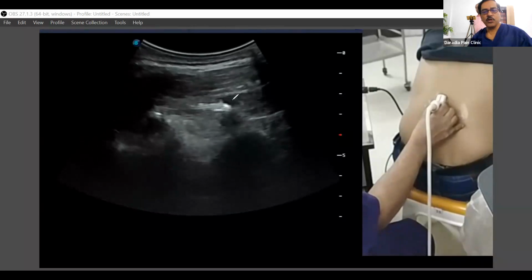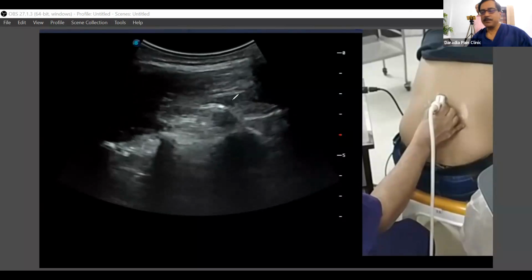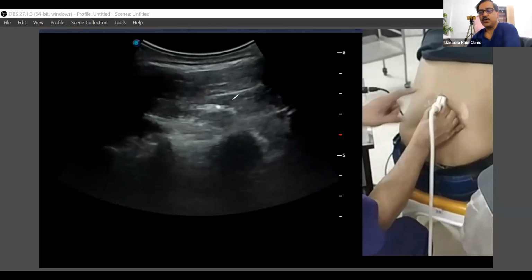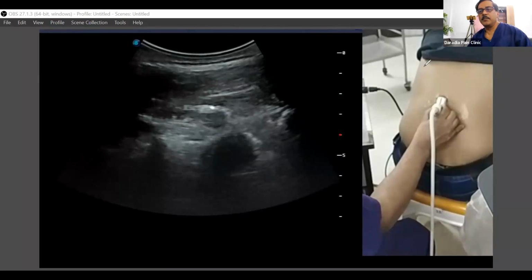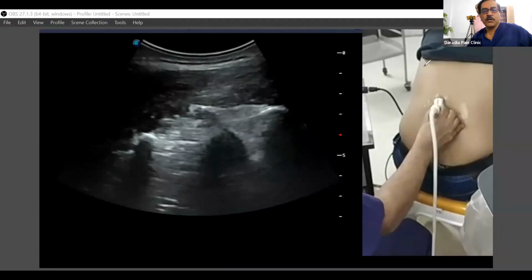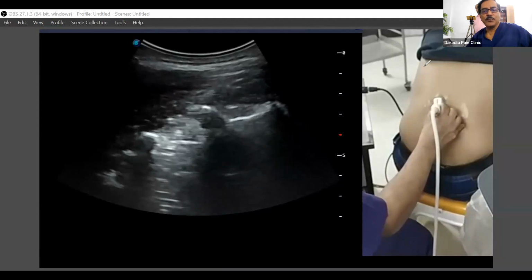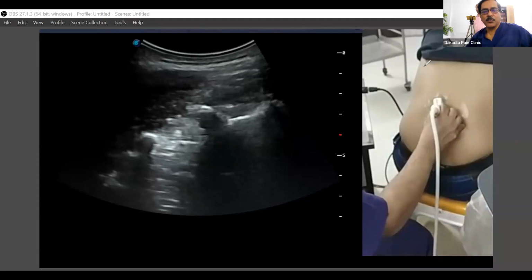So at this point, look at my probe. What I'm doing, I am tilting the proximal end of the probe back and the superior pole into the articular pillar.